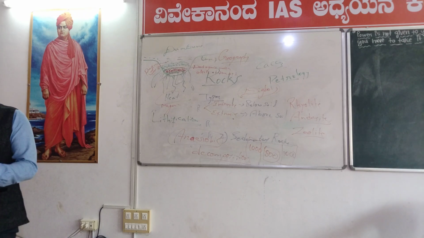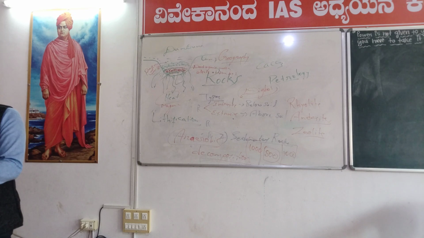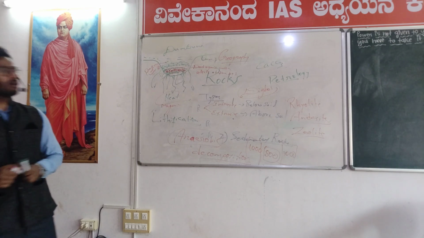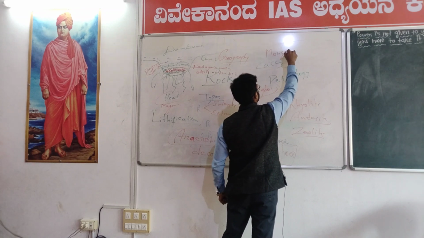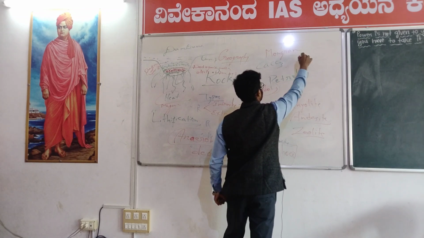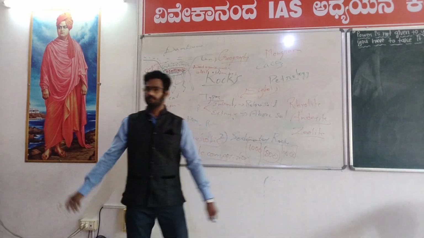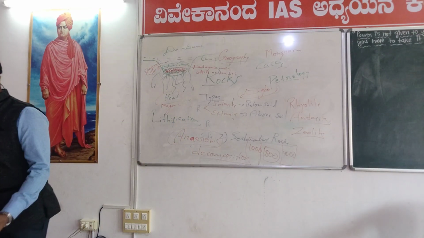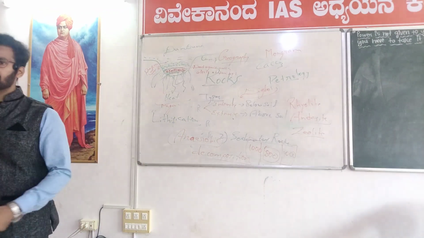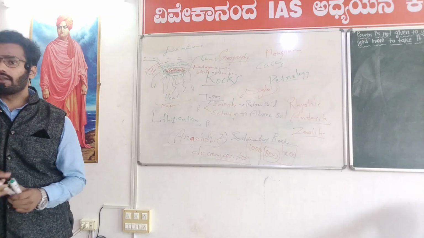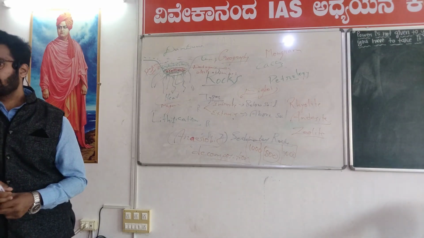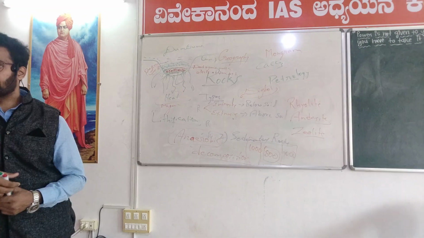These are all in Assam only. Next, in Tripura, Mongram, Mongram in Tripura. Next, Krishna Godavari Basin, the Krishna Godavari river basin. We have some amount of petroleum extraction here.